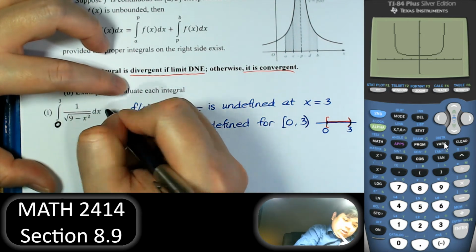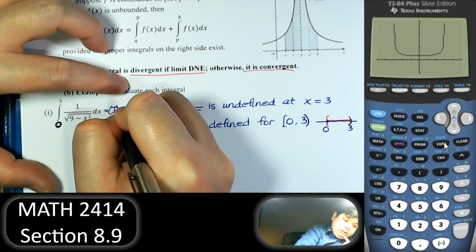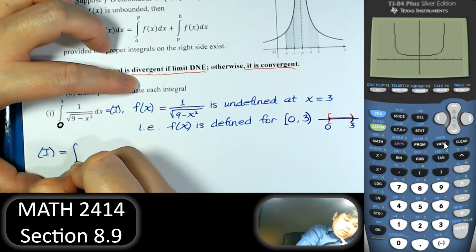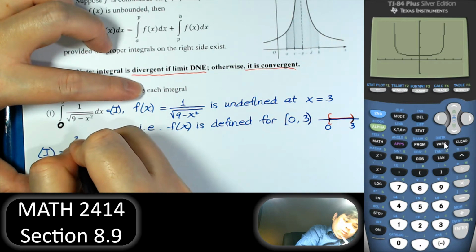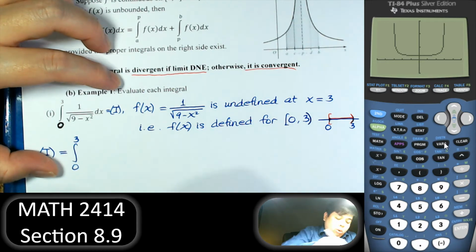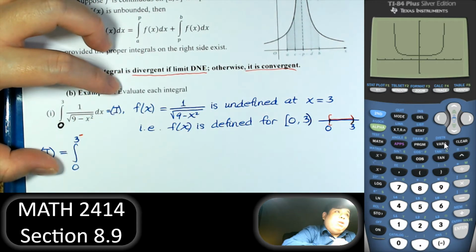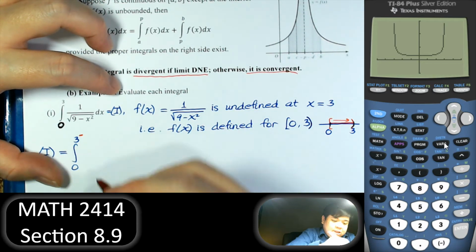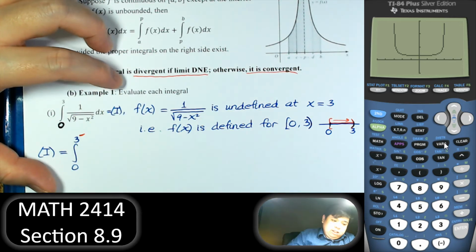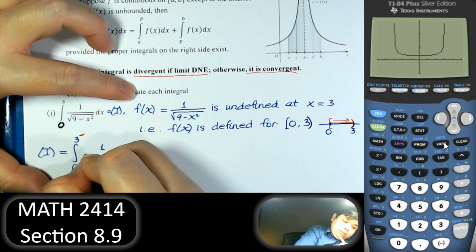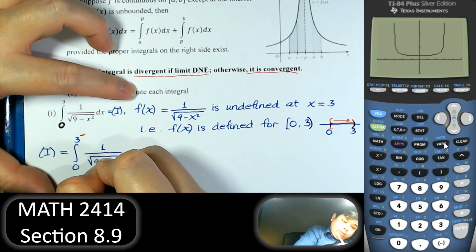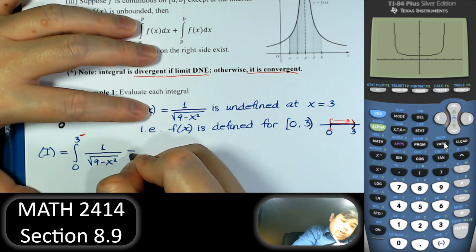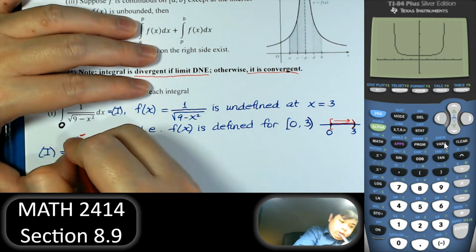So that integral only works from the left side of 3, because this goes from the left side of 3, right? So that's why there's the minus. But when we write it like that, it is an improper integral. So we have to replace the whole thing here.